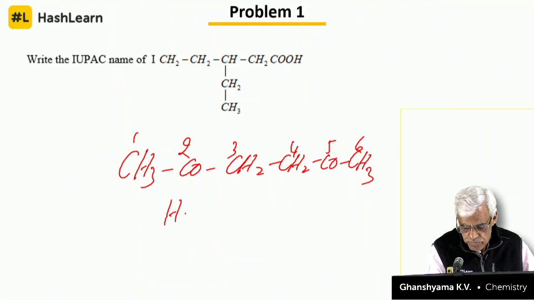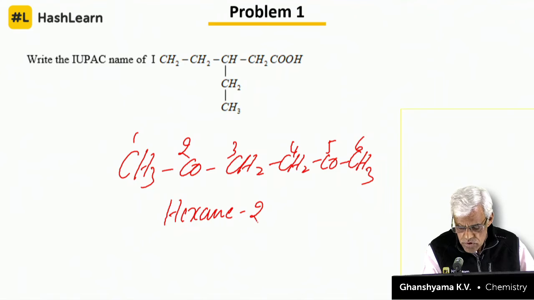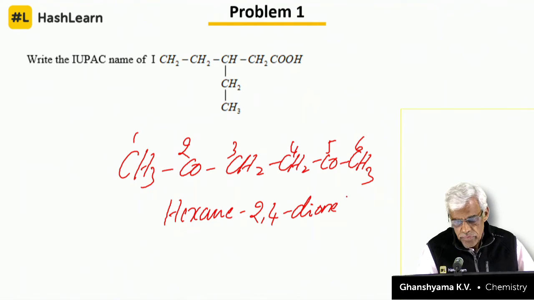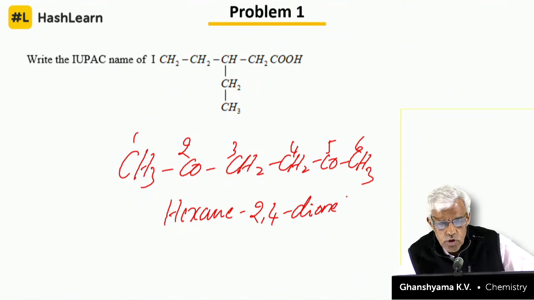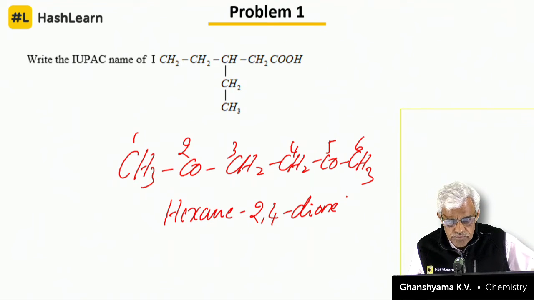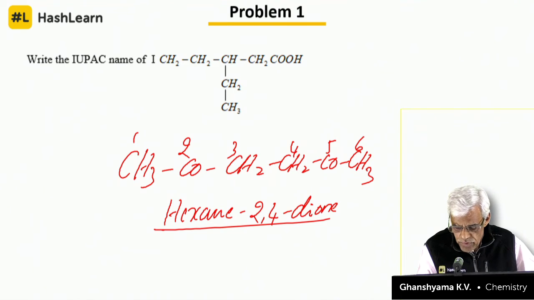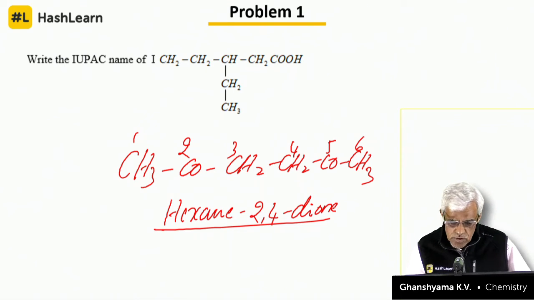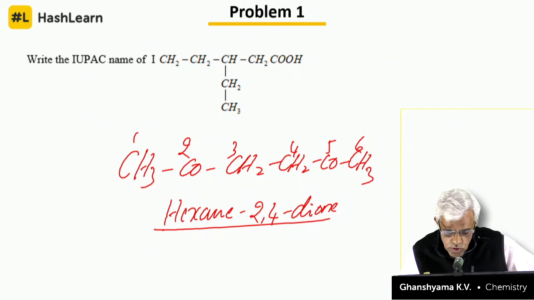So it should be hexane-2,5-dione. If you have one keto group, it is one. If you have two keto groups, it is dione.